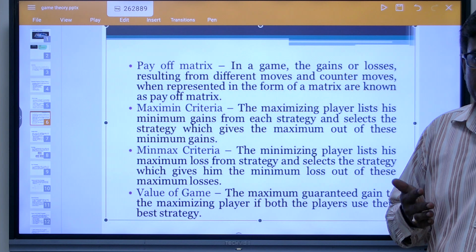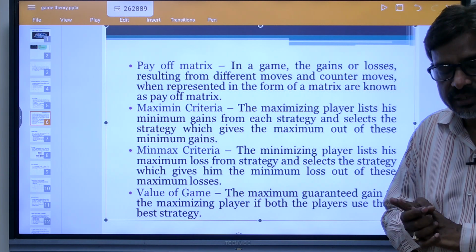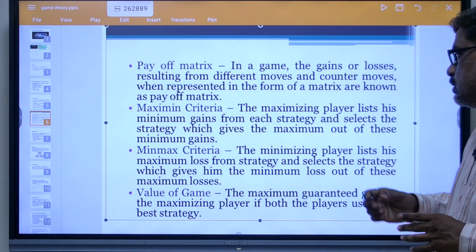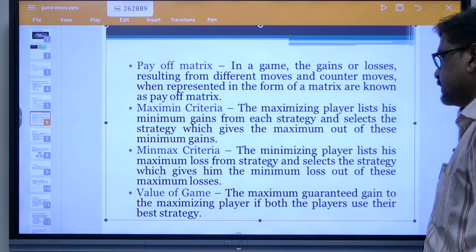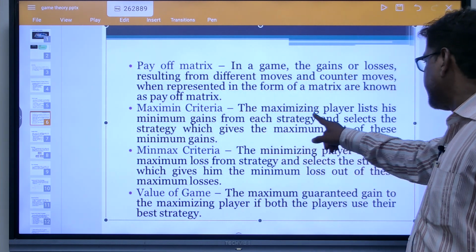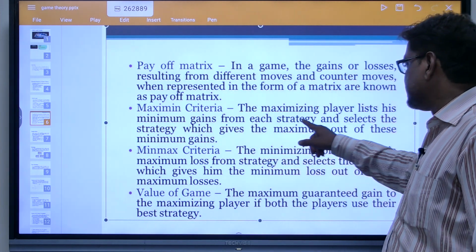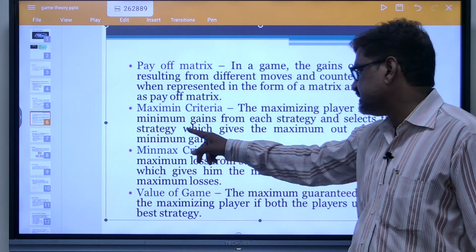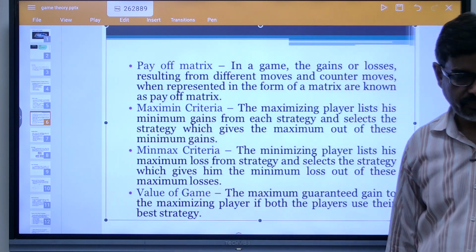We always try to optimize the profit, that means we want to maximize the profit. Now, when do we adopt the maximin and when do we adopt the minimax, that is the question. Maximin: the maximizing player lists his minimum gains from each strategy and selects the strategy which gives the maximum out of the minimum gains.